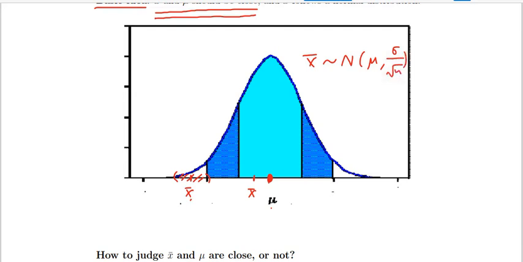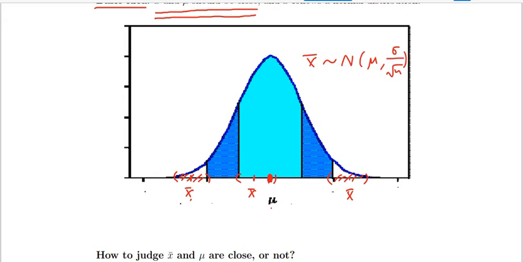So this story is just like that. If x bar is here, maybe the true mu can be here. So if x bar is here, the true mu should be in this range. Then if you say this one, we say, oh, this distance is too far away.